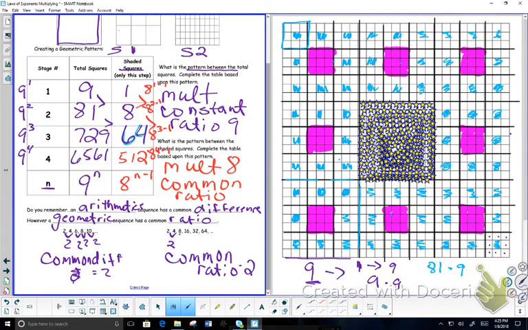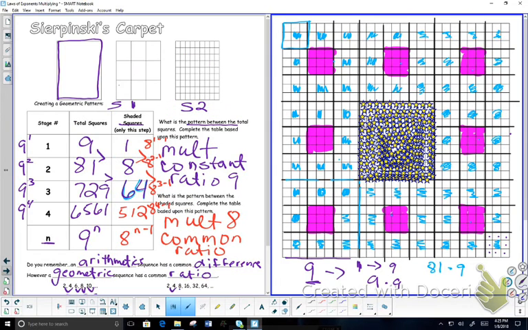Okay? So that's a little bit of an introduction to our geometric sequences. I think you kind of get the idea. You're talking about patterns, and you're looking for what you are multiplying by.